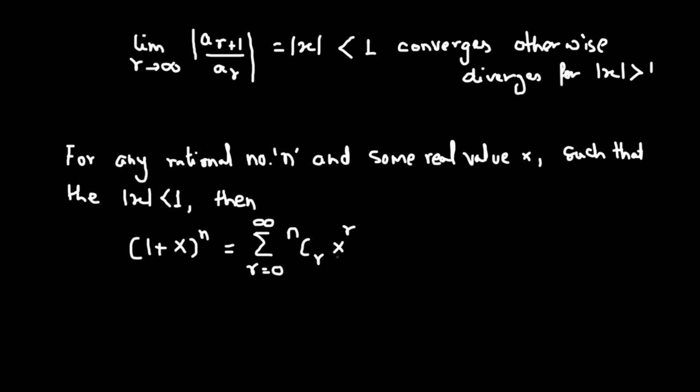Now here's a remark that I would like to point out. The absolute value of x must be less than 1 if our index n is a rational number.